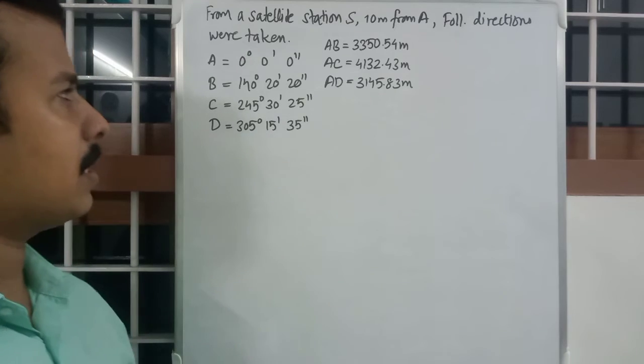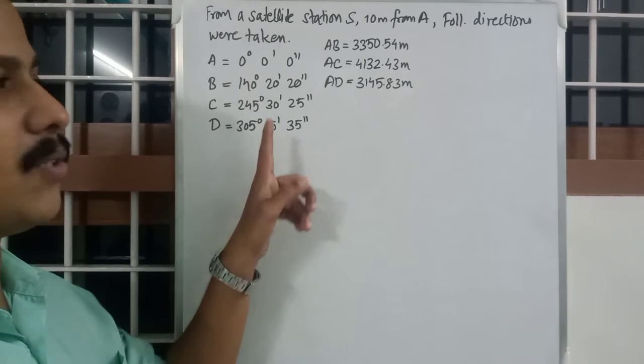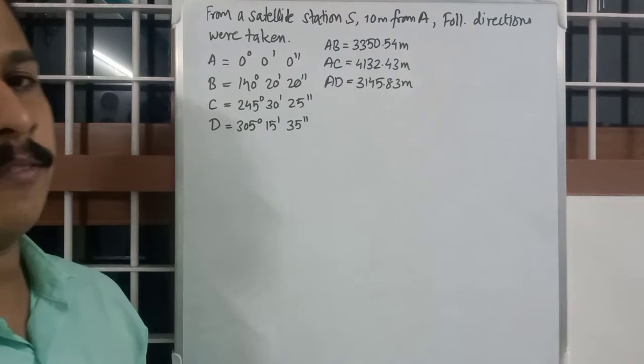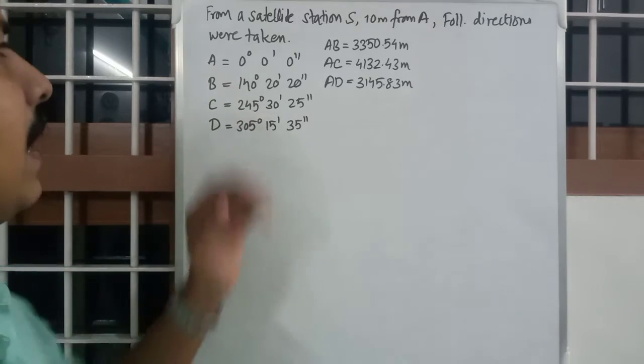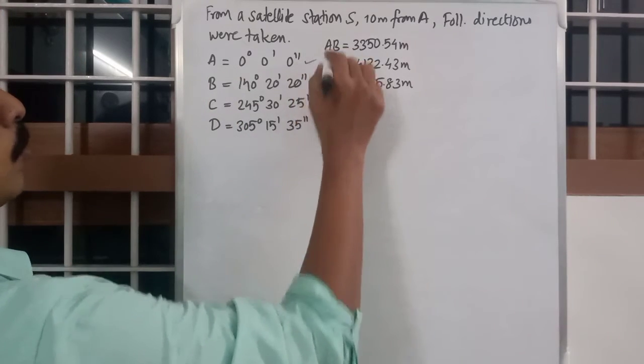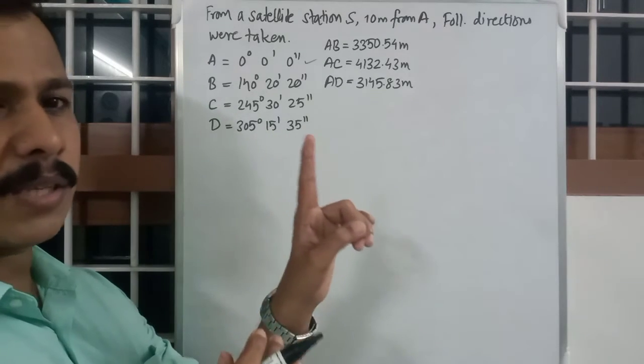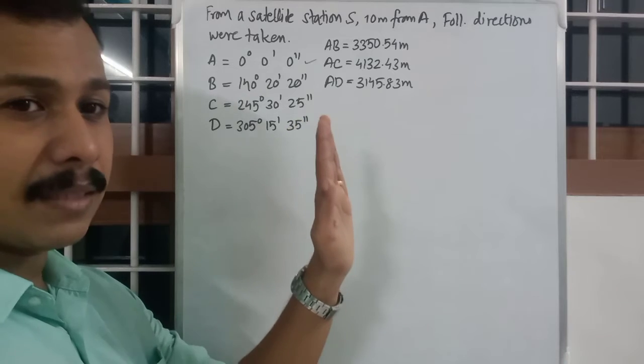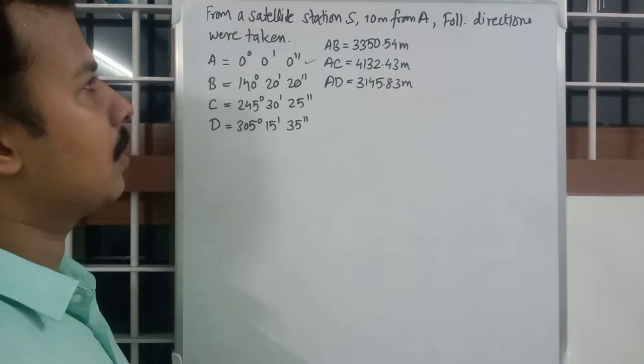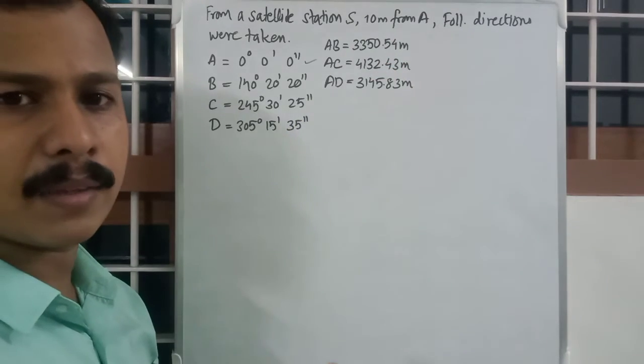So this is the question. You have 4 sets of bearings or directions and 3 values. Obviously, this 0 degrees 0 minutes 0 seconds is given to make you understand that the measurement was taken with this AS line as reference.